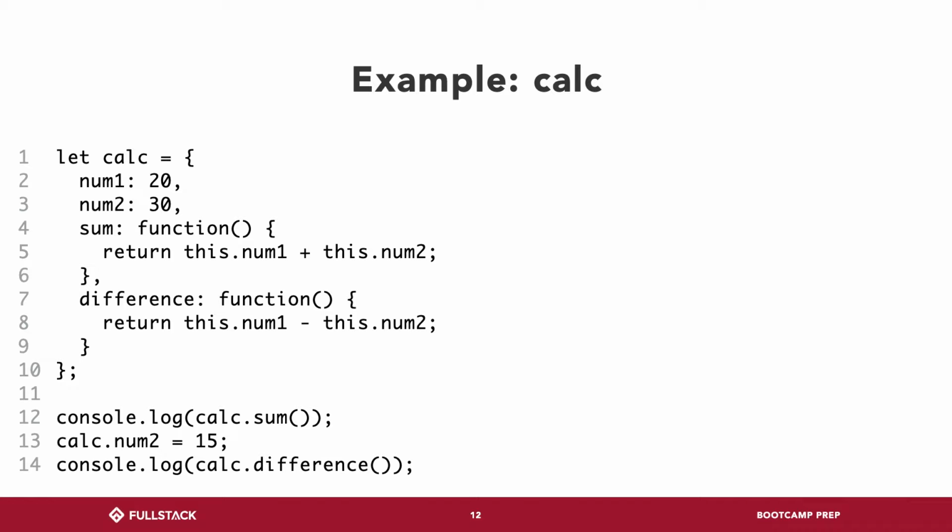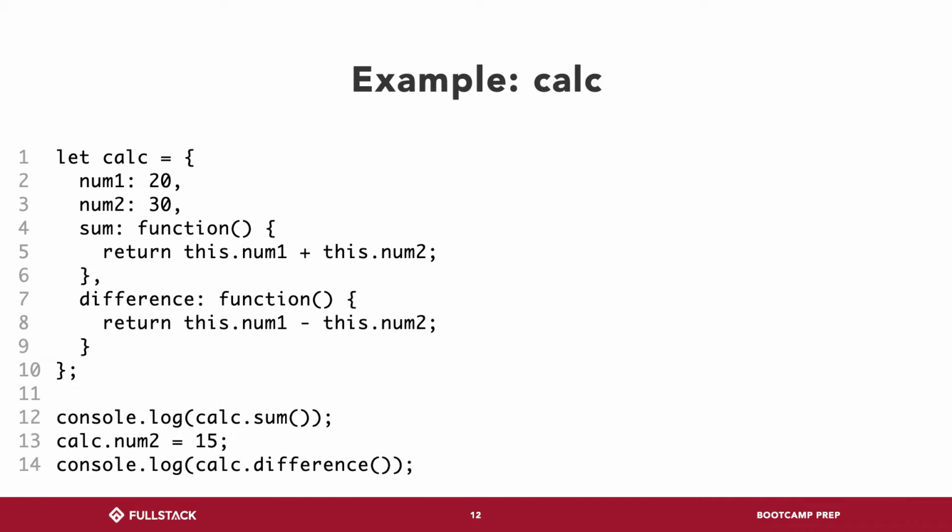When we console.log calc.sum, invoke it, what are we going to get? That's 50, exactly, guys. 20 plus 30 is 50.